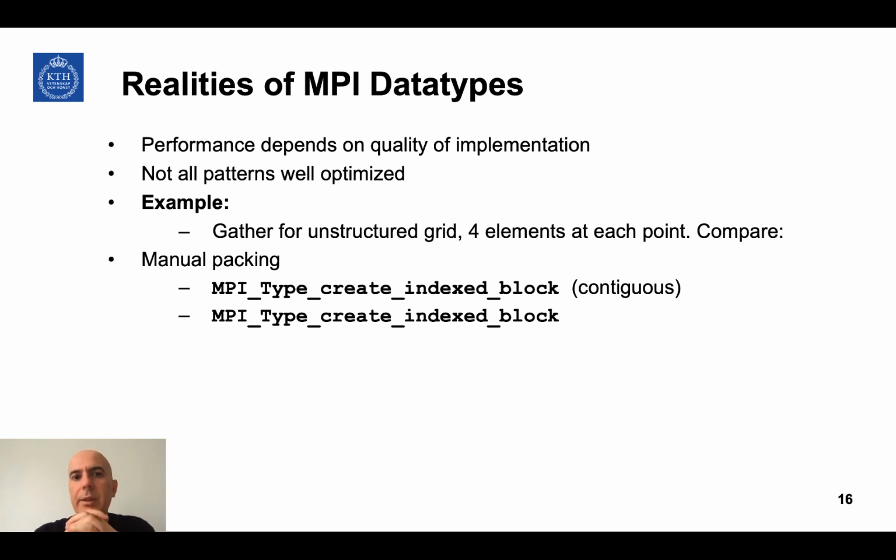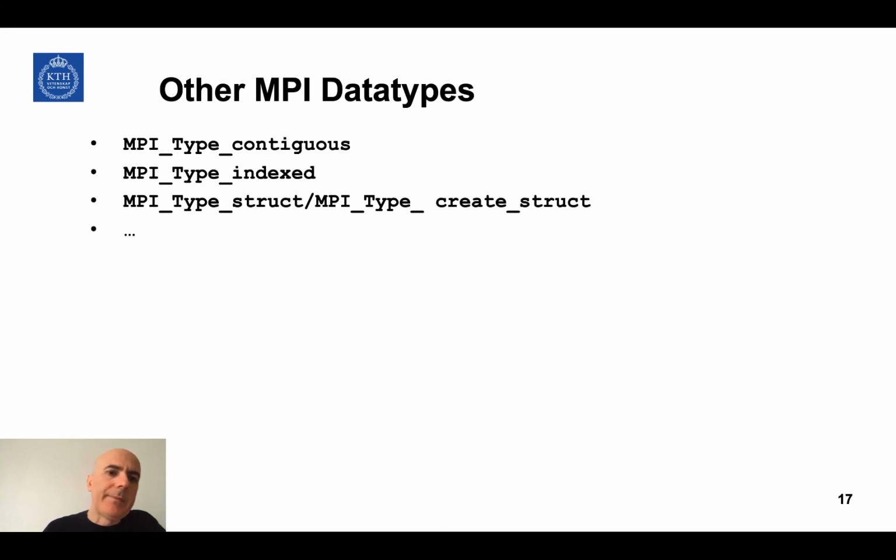So it really depends on the case. It does provide a very neat way to express a complex data access pattern to an array. So I wanted to cover it, but some of the implementations don't provide the performance that we expect.